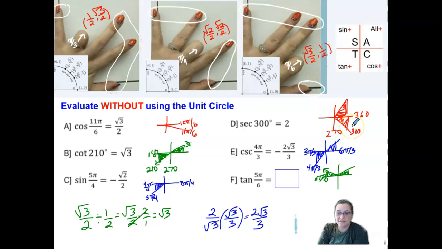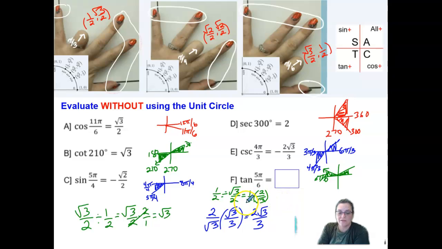The tangent is the sine over the cosine. So we're going to take 1/2 and divide that by the cosine, which is root 3 over 2. And dividing by a fraction means to multiply by the reciprocal. So 1/2 times 2 over square root of 3.